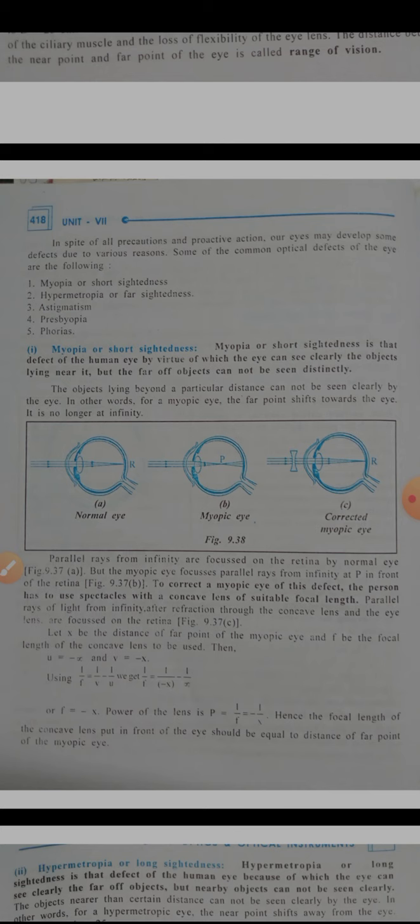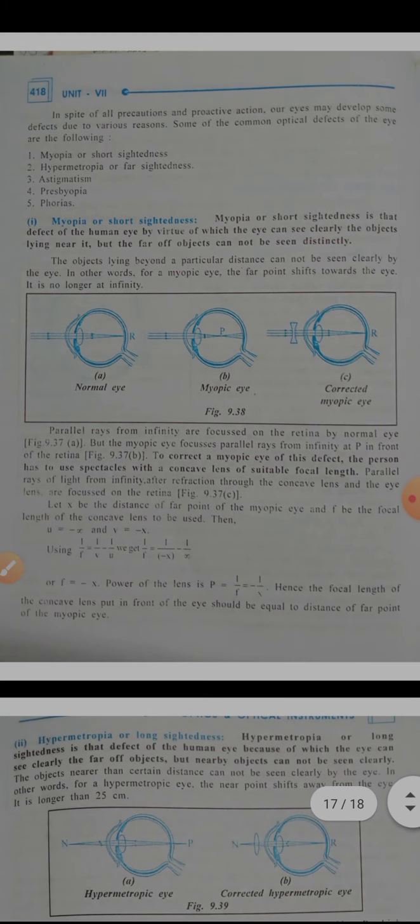But it has some defects, and one is myopia, that is short sightedness. Myopia is the defect of a human eye by virtue of which the eye can see clearly objects lying near it but not far objects. In myopia, the human eye cannot see far objects. Only nearer objects are visible.